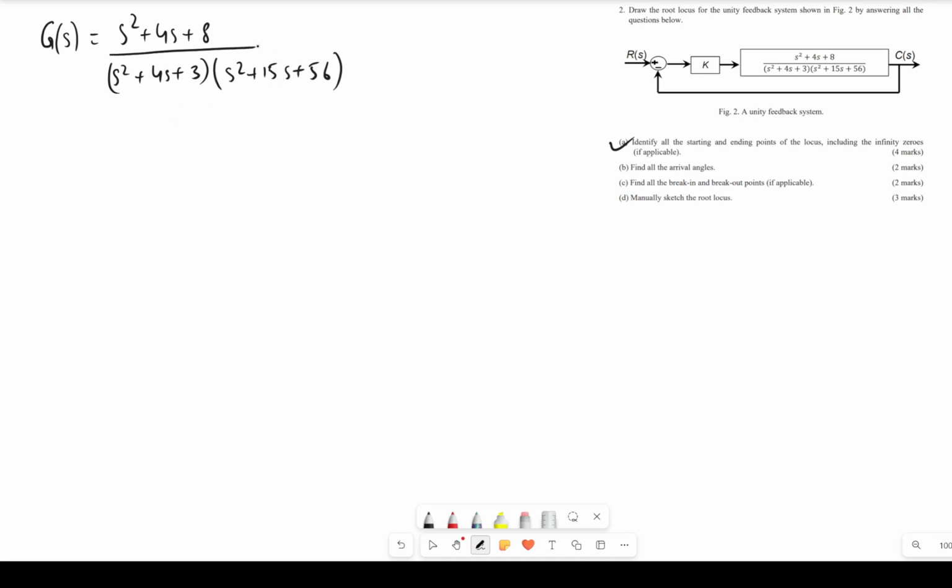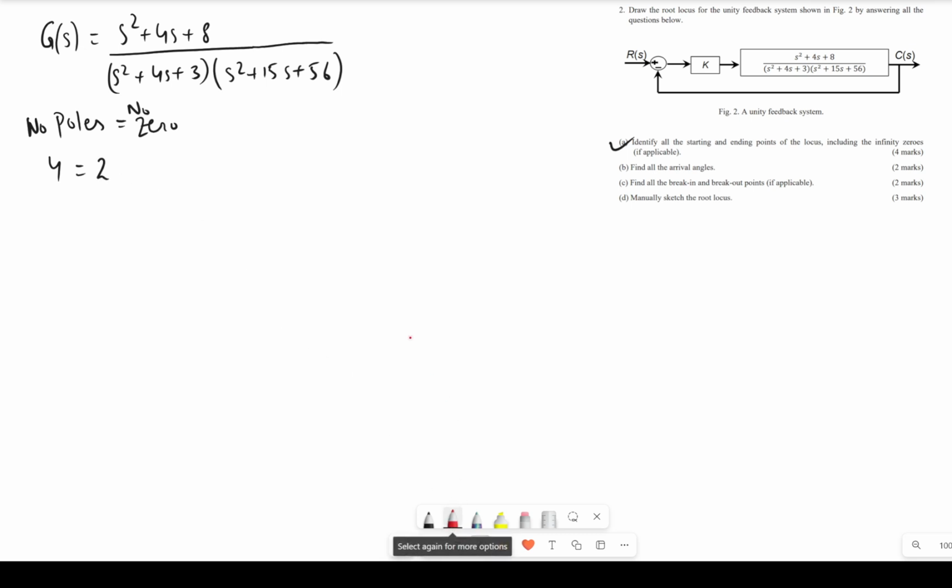If we include the infinity zeros, what that means is that the number of poles is equal to the number of zeros. In our case, the denominator is a power of 4, so we have a total of 4 poles, and the numerator is a power of 2, which means we have 2 zeros.